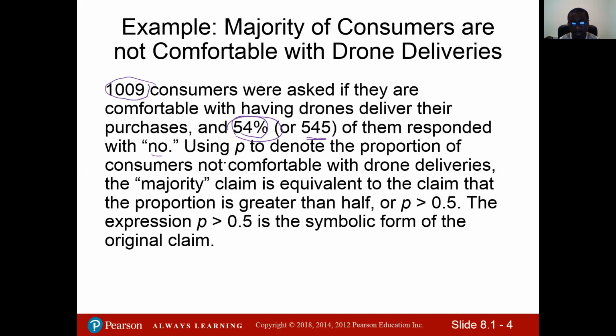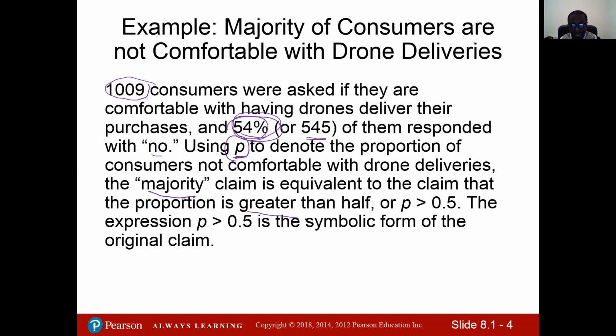They're not comfortable. So you see that this is about what? A proportion. And so the parameter or the property about the population is what? Proportion. So we want to let p denote the proportion of consumers not comfortable with drone deliveries. Now, we want to claim that the majority, okay, the claim is what?